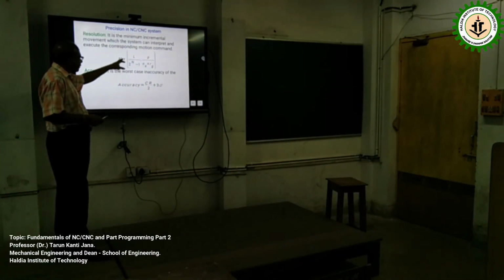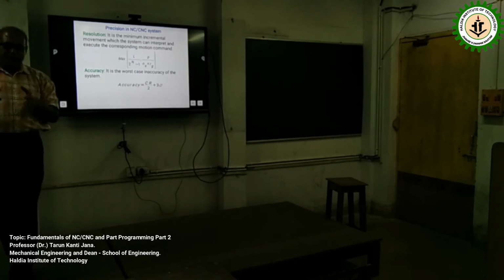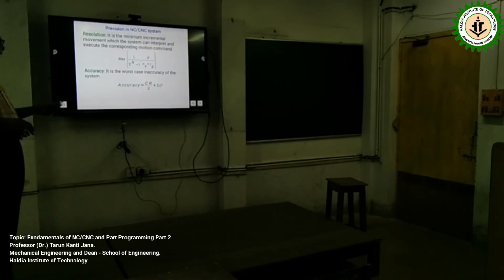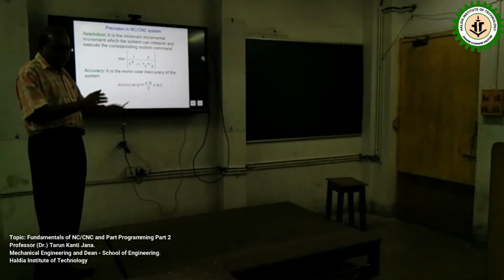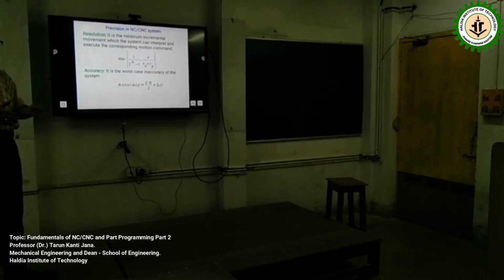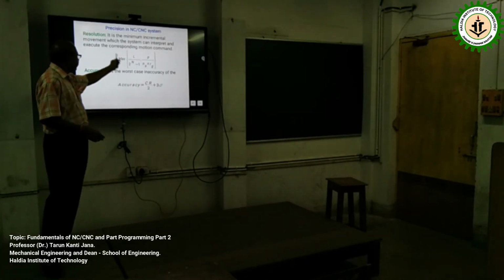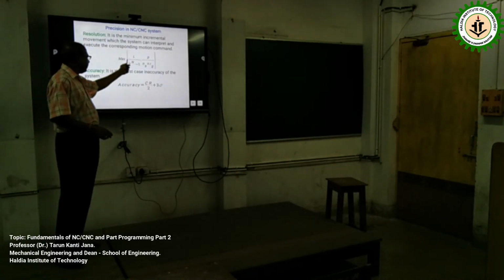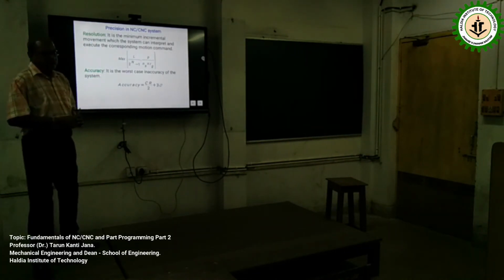And this portion comes from the microprocessor that is available in the CNC system. If N is the bit storage capacity and A is the entire length that we would like to cover, then from that point of view, resolution can be calculated as A by 2 to the power N minus 1.